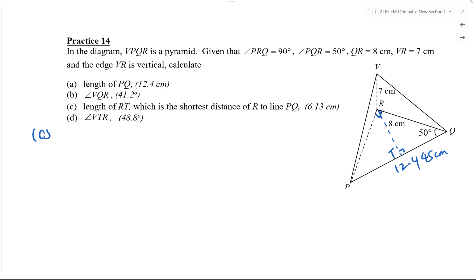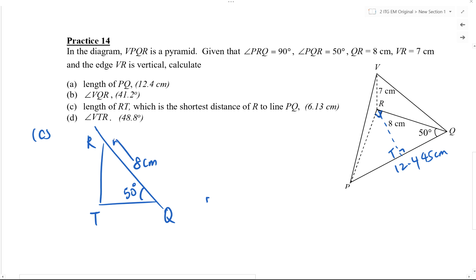I draw the triangle for you. This is R, this is T, and this is Q. 50 degrees. What is this 8 cm known as? Hypotenuse. Then I want RT. What is this RT known as? Opposite. So opposite, hypotenuse, which Trigo ratio?